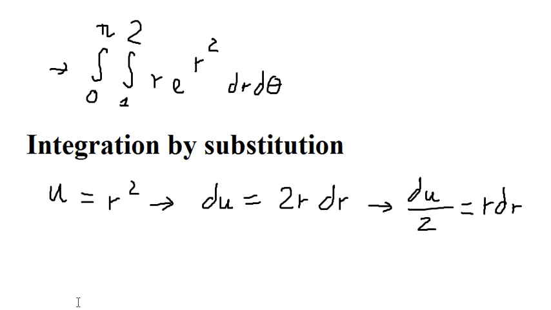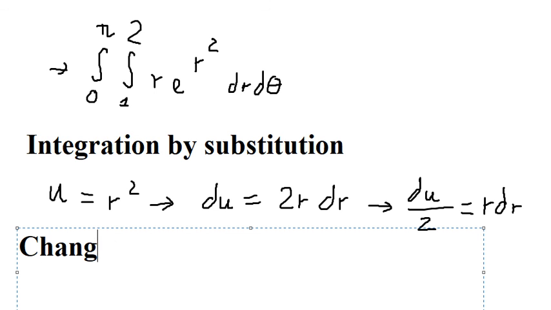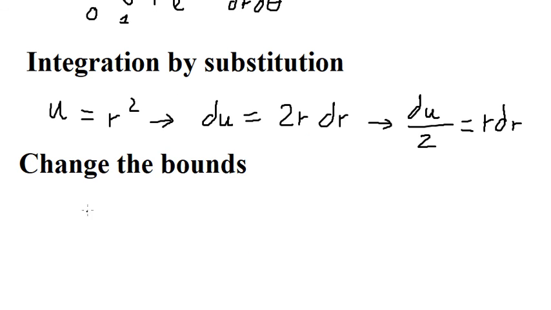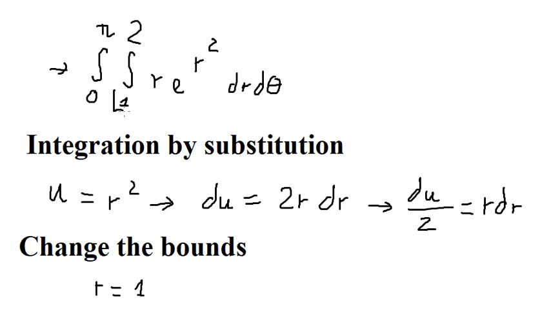Next, we need to change the bounds. So, when r equals 1, we put 1 in here to find the value of u.